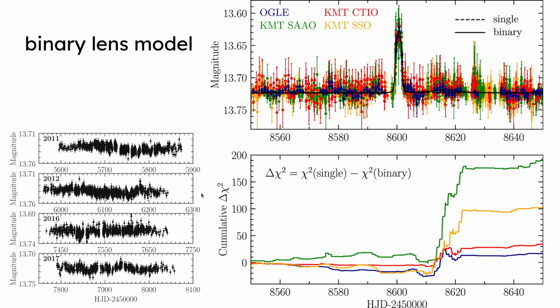So two plus two, there is a variability in the star, and this bump is not that well described by the binary lens model. So most likely that's not an effect created by the binary lens. Most likely it just happened to be a variability on top of or very near the microlensing event.